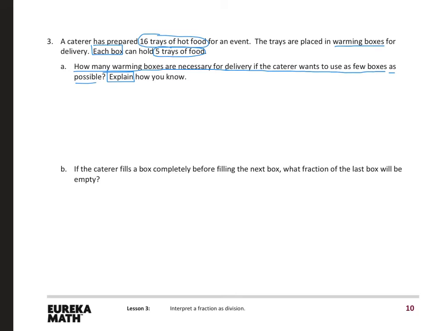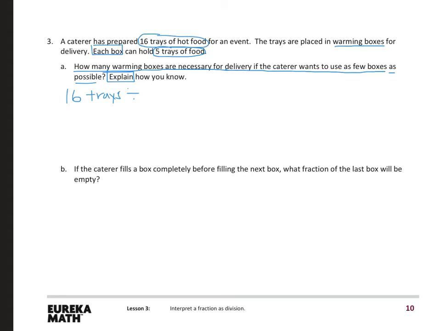So once again, how many warming boxes are necessary for delivery if the caterer wants to use as few boxes as possible? Since we're practicing our division, it looks like we're taking the 16 trays of hot food and dividing it into each box that can hold 5 trays.